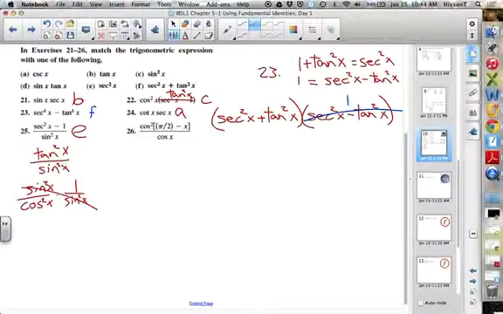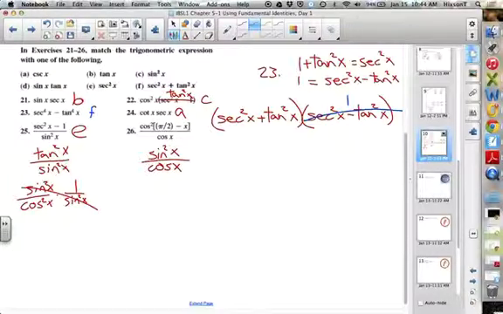And then 26. I'm going to guess that it's D, because that's the only thing left. But just to make sure, cosine squared of pi over 2 minus x, what does that equal? Sine squared of x. Yeah, that's sine squared of x over cosine.